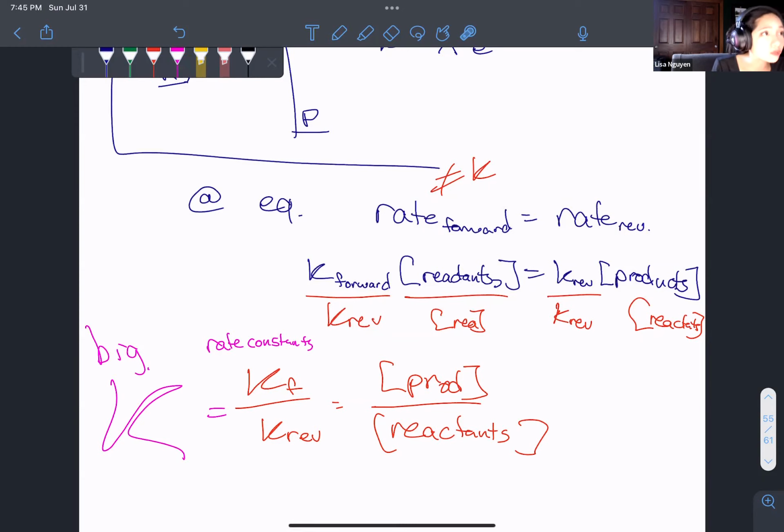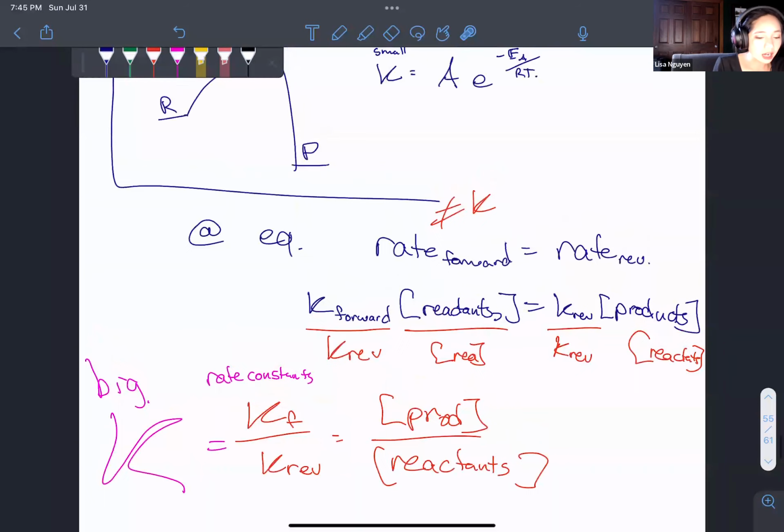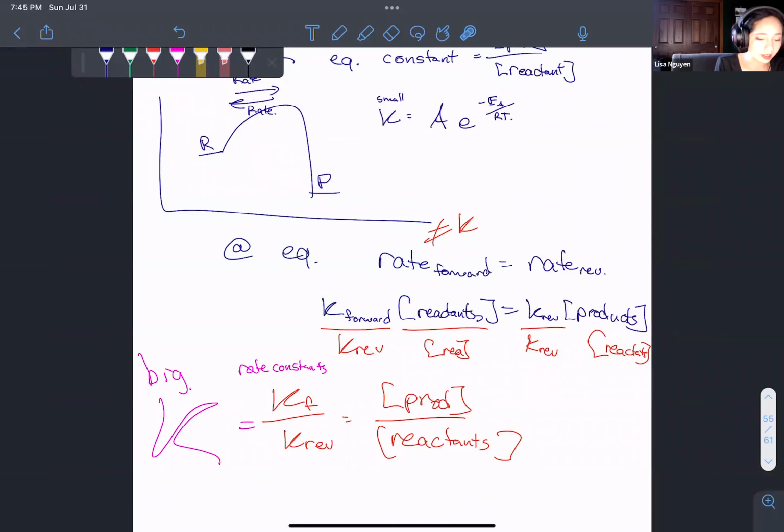These values should be different if we have an exothermic or endothermic reaction; it all has to do with the differences in activation energy. But K is also equal to the ratio of products over reactants at equilibrium. This is the one we use more often for calculations, but do recall that it has to do with chemical kinetics as well, and which direction of the reaction is more favorable.